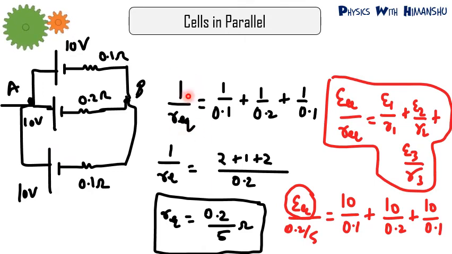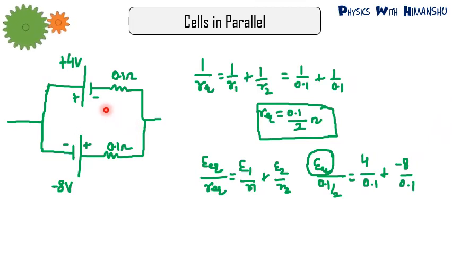So 1 upon R equivalent will be 1 upon 0.1 plus 1 upon 0.2 plus 1 upon 0.1. So R equivalent will be 0.2 upon 5 ohm. It's simple mathematics. Then we put this value in the equation E equivalent by R equivalent equal to E1 by R1 plus E2 by R2 plus E3 by R3. Putting all the values we can calculate E equivalent. This is how you find the equivalent EMF and equivalent resistance when cells are connected in parallel.